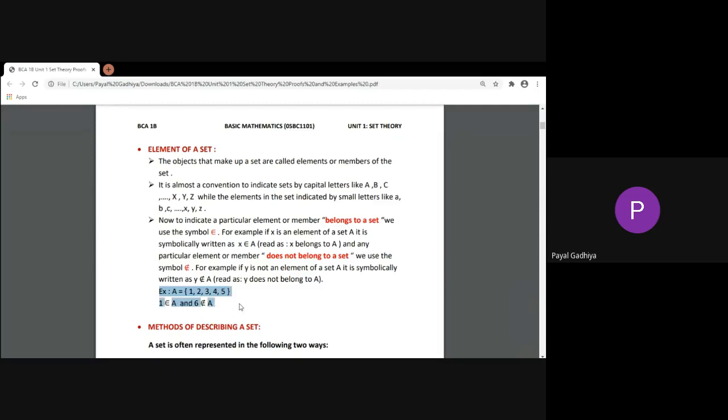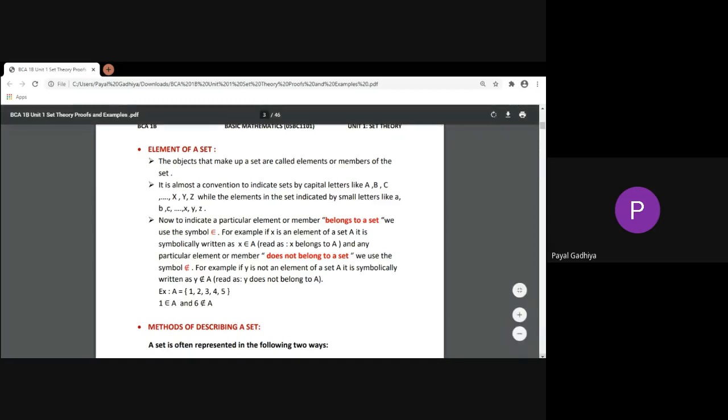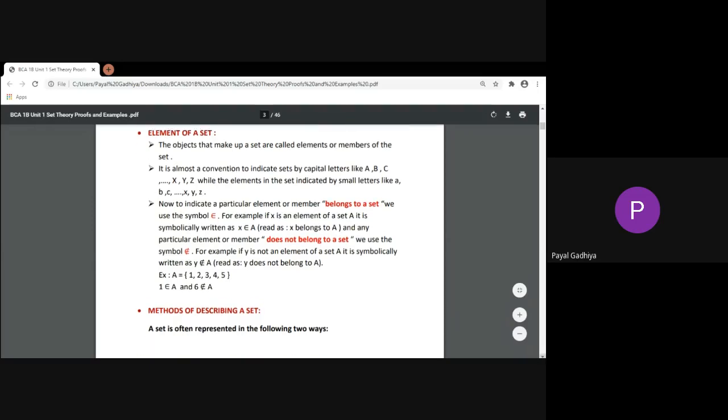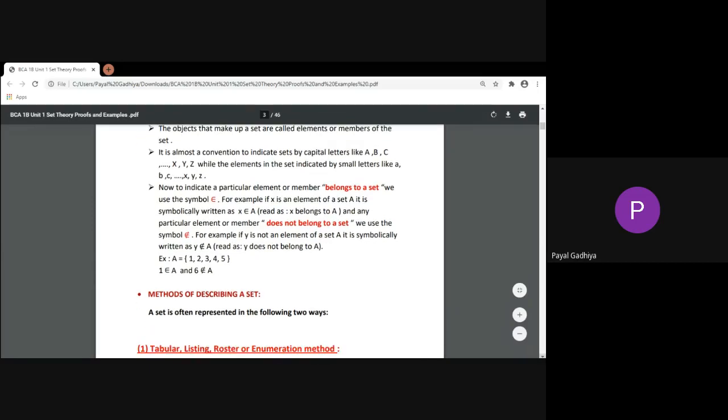We have a set A which contains 5 elements 1, 2, 3, 4, 5, and because 1 is in A, we will write 1 belongs to A. And because 6 is not a part of A, we will write 6 does not belong to A. Clear? So this is how we can write elements of sets.